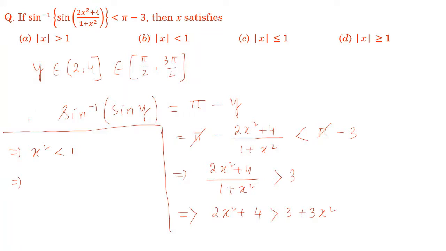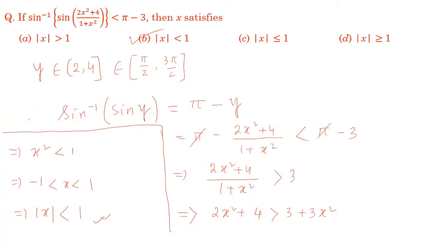So it will be minus 1 less than x less than 1. That means mod x is less than 1. So this option is valid for x, and therefore option B is the correct answer.